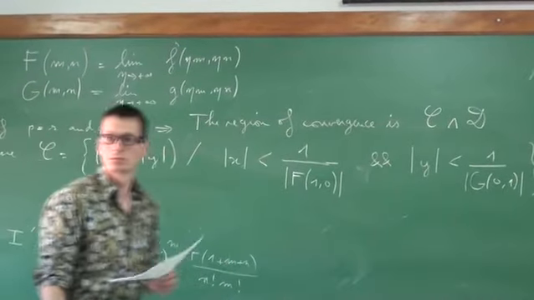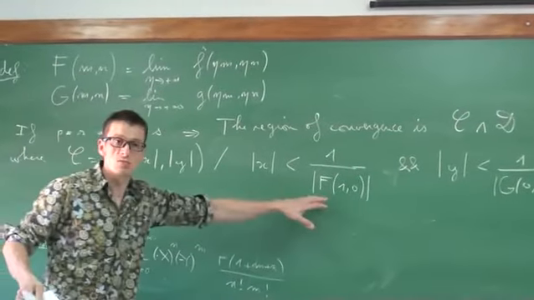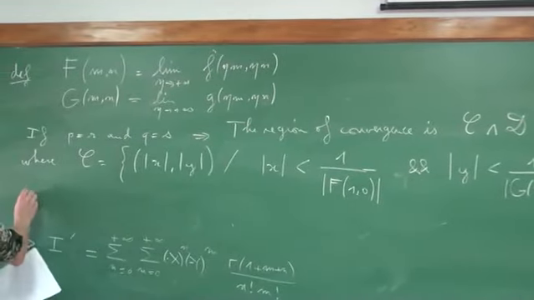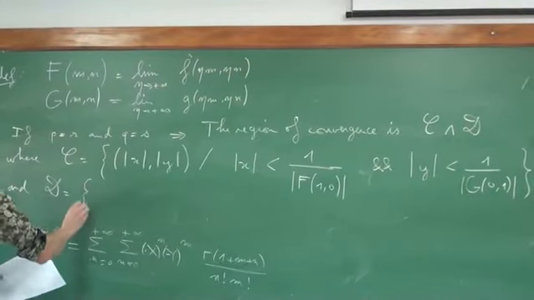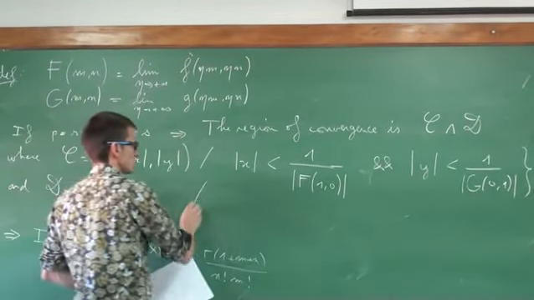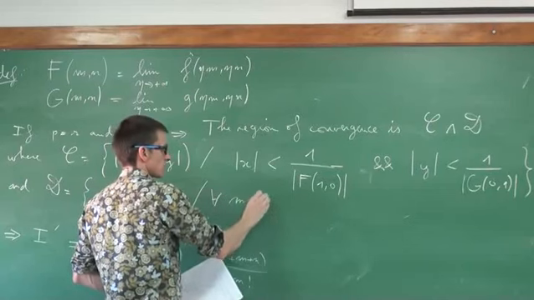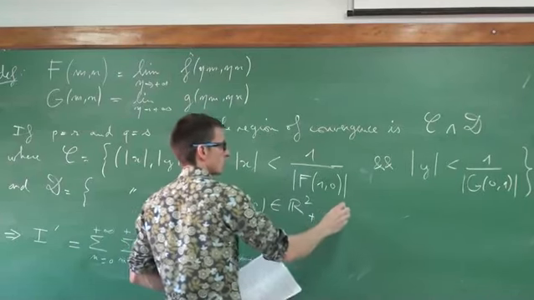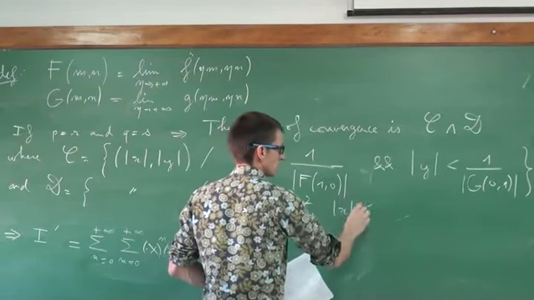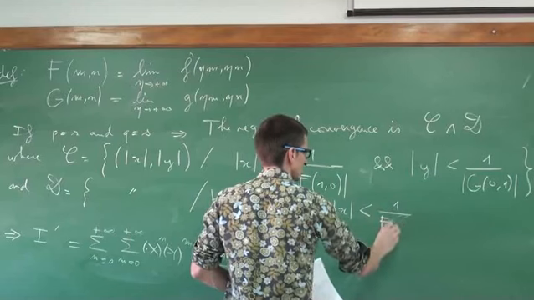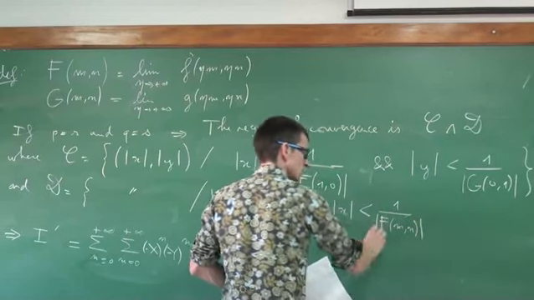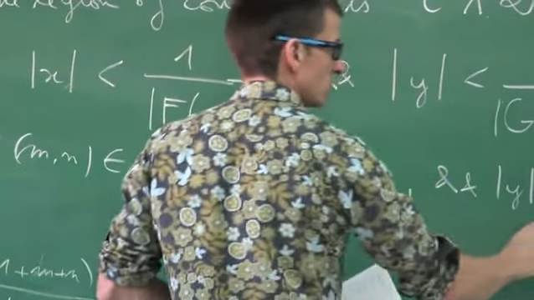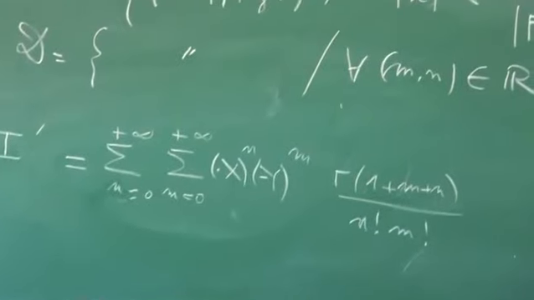This is C, which in general is easy to compute. And another which may be more involved, and D is the same, but for all m and n in R2 plus, we have x less than 1 over f n n and y less than 1 over j n n.